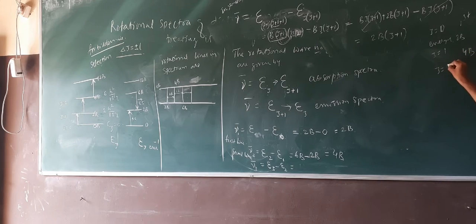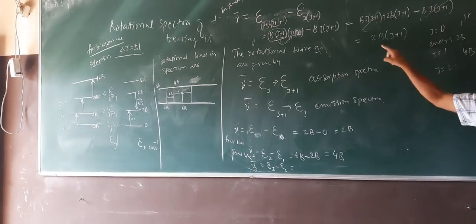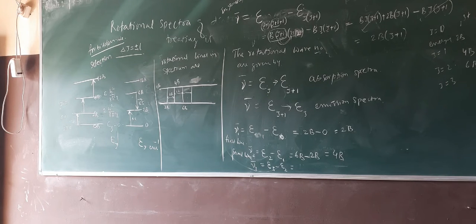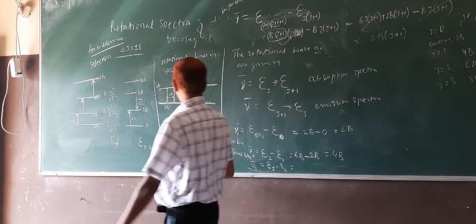For j equal to 2, 2 plus 1, 3, it is 6b. For j equal to 3, the third line, we are calling 0, its energy is 2b, first line 4b, 6b. If I put 3 here, 3 plus 1, it is 4, 8b. Okay, this is 8b actually. So here it should be 8b.